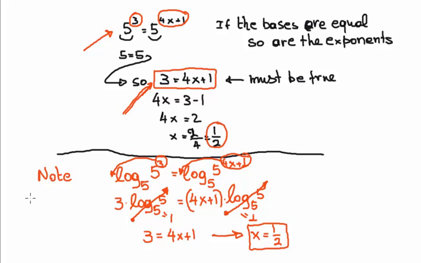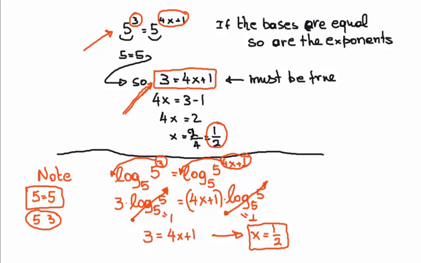Note right here that if the bases are equal, like here, 5 and 5 on both sides, I do not need to use the logarithms. While if the bases were different, then in this case, the use of logarithms would be necessary.